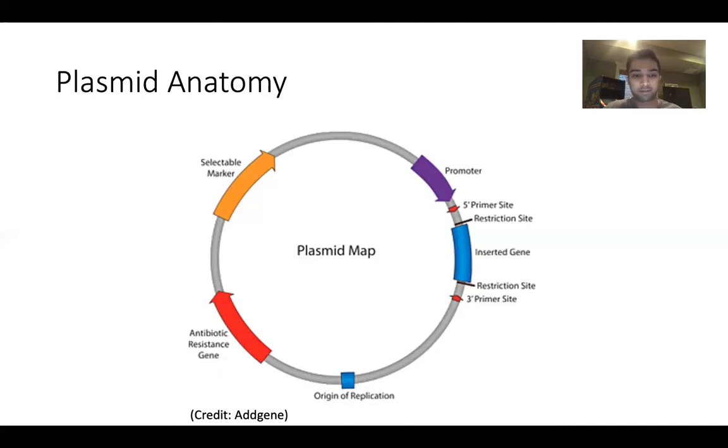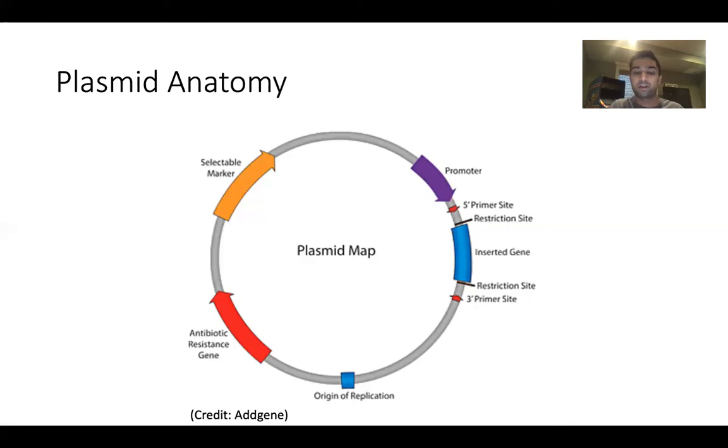Now, on the bottom left-hand side, there's an antibiotic resistance gene. So what researchers use this for is they'll put the antibiotic resistance gene in the plasmid, and then they'll transform bacteria with plasmids, and then they'll put those bacteria on a plate containing that antibiotic drug.